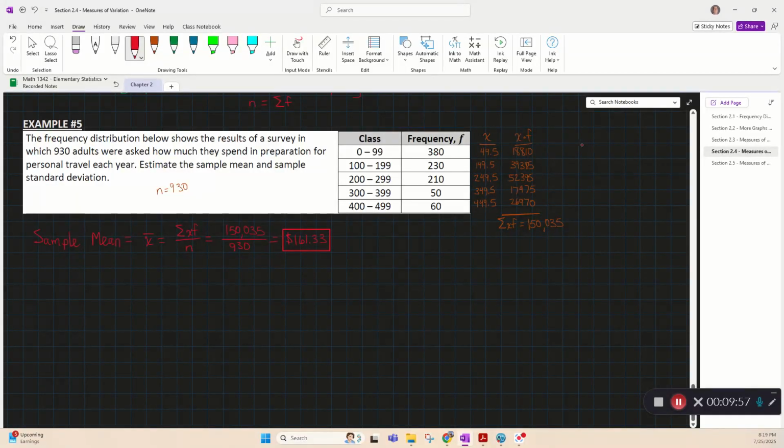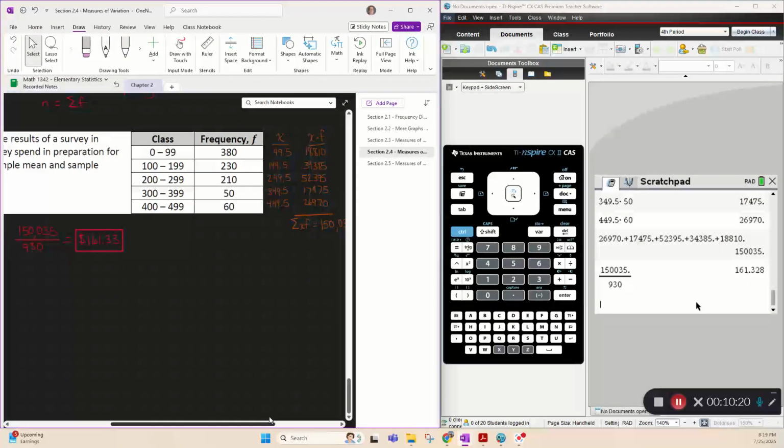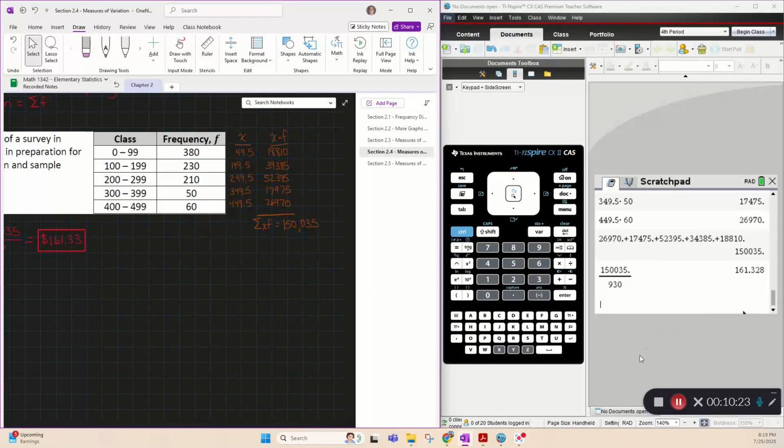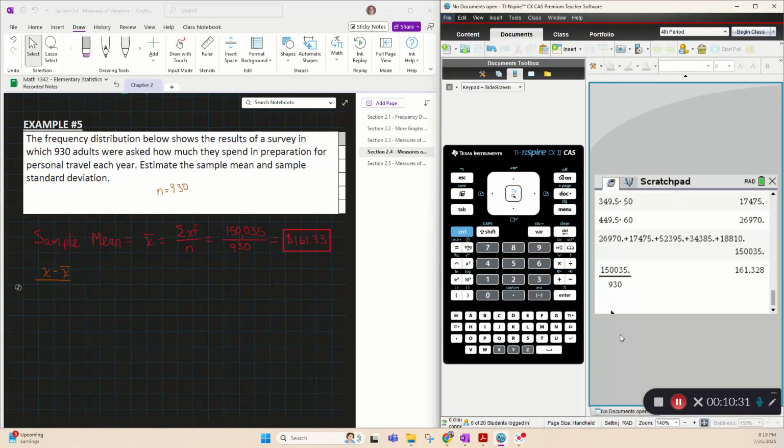So down here I'm going to do x minus x bar, and we're going to do that for each of these. I'm going to do the calculator stuff first where I can see it all. So 49.5 minus that value.